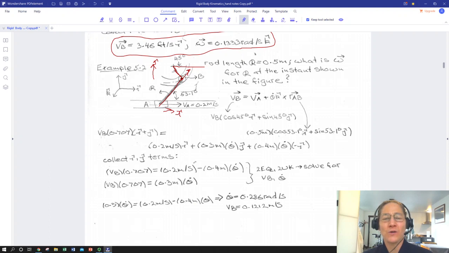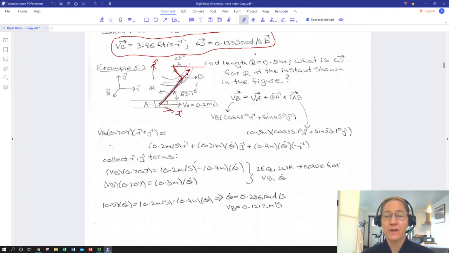So we know that velocity has a component of cosine 45 in the i hat and sine 45 in the j hat, since at 45 they're the same. So we know the direction of VB, but we don't know its magnitude. Nonetheless, we've now gone from two variables that we could have had on this side to just one.